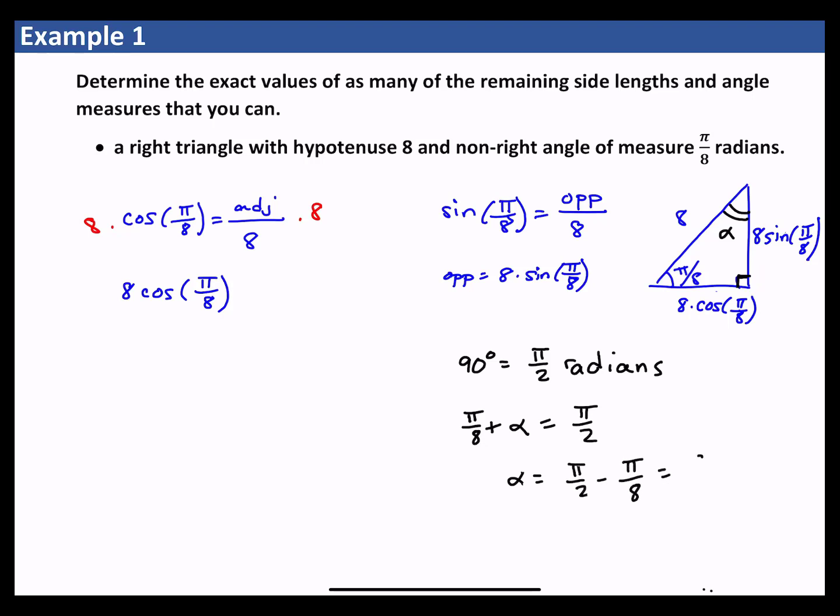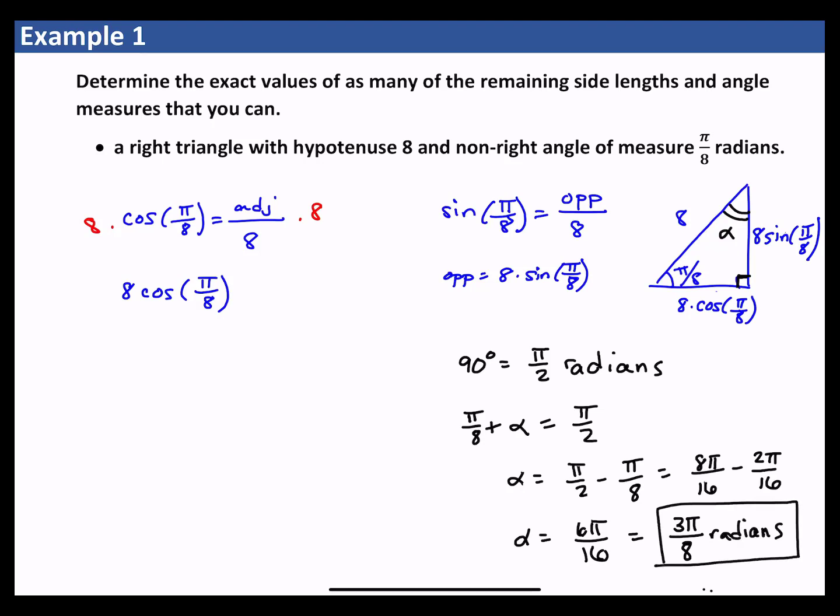If we get a common denominator, we'll have 8 pi over 16 minus 2 pi over 16. So that missing angle is 6 pi over 16 radians, or if you want to reduce that, 3 pi over 8 radians. So now we know all 3 angles in that triangle and all 3 sides. We have completely solved that triangle.